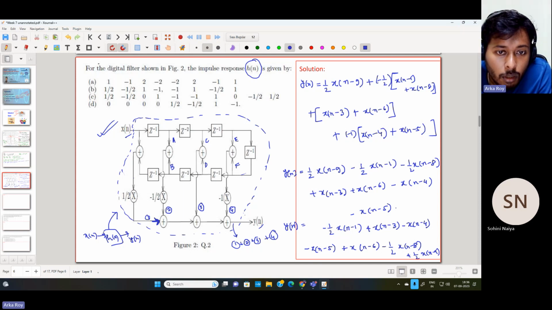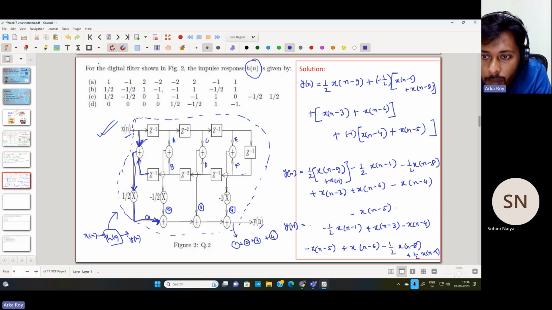While calculating the first component, it is basically a multiplication of half with the summation of these particular blocks. At this particular point we have considered the z to the power minus 9 delay. We also have to consider the x of n that we just missed. So it will be half of x of n.